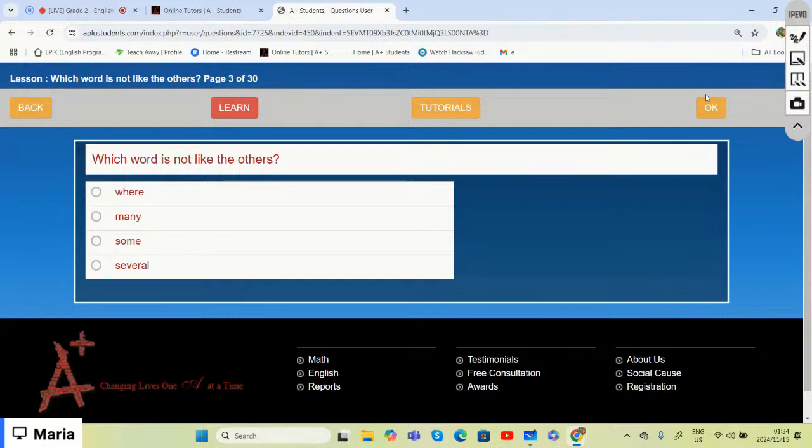All right. And if we now look at the next one, we need to say which word is not like the others. We have where, many, some, several.